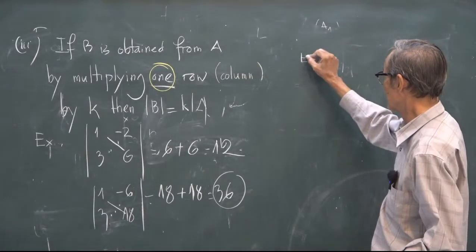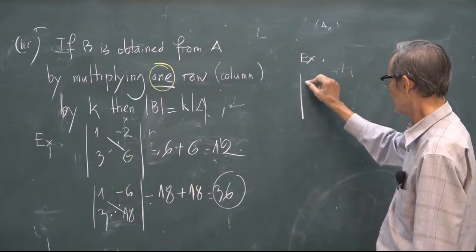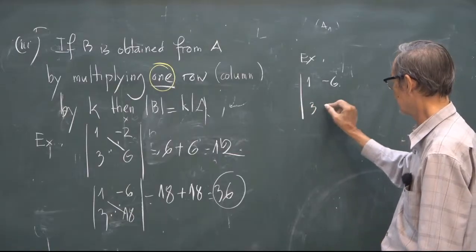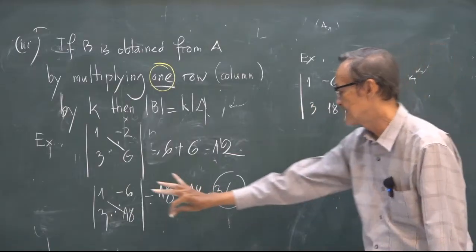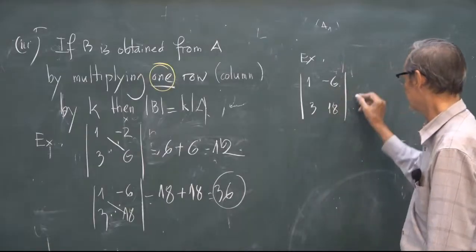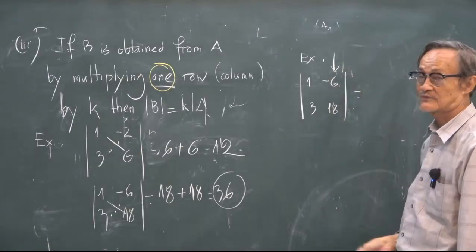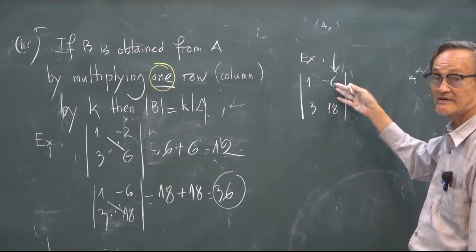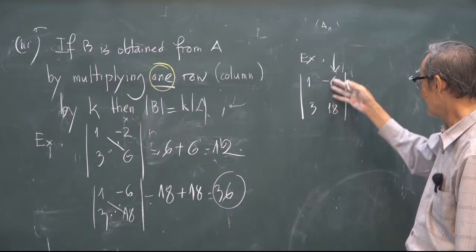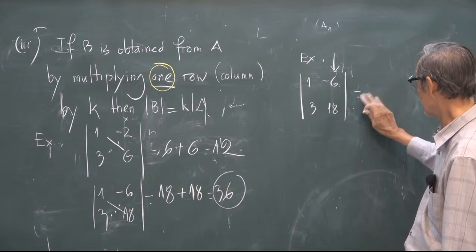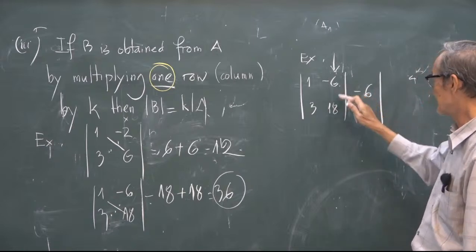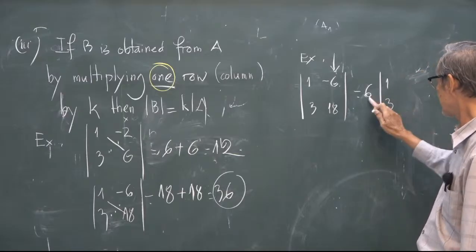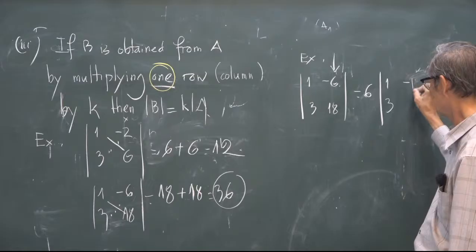For example, we have to compute this. We check the common factor of the second column, 6. 1, 3, rewrite. 6 minus 1, 3.